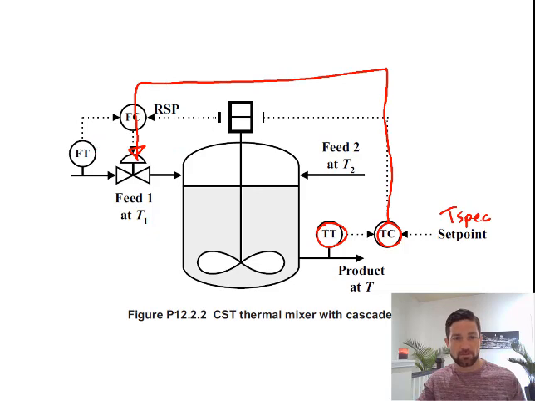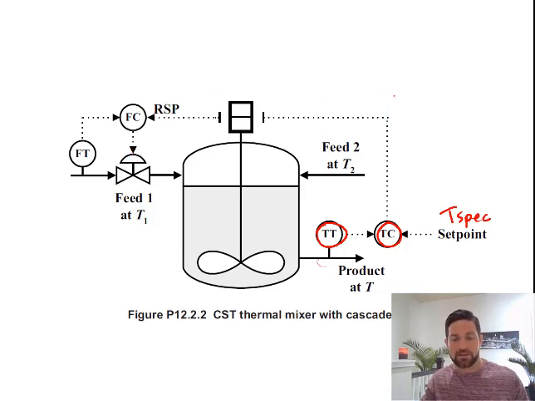The other components over here would not be part of a feedback control loop. The way this would work is that when the temperature of this process changes based on any type of disturbance affecting the process, the controller is going to tell the valve to open or close to get the temperature back to the set point.